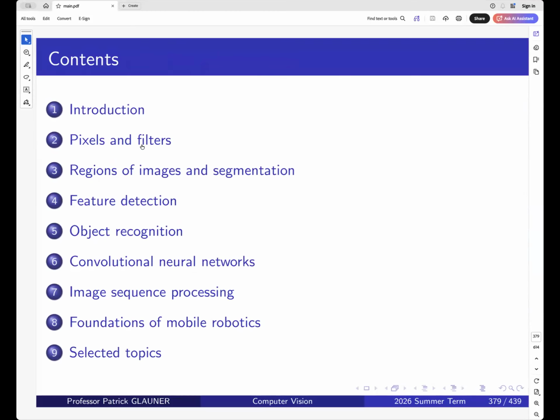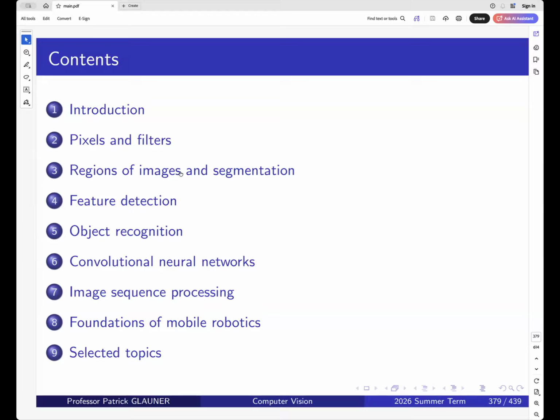We saw pixels and filters, so very low-level operations, which we still need. I mean, if you have a very noisy image, maybe you first need to blur it a little bit to get rid of some noise, because if you don't blur the image, the noise will affect your learning later on. So we still need these low-level operations.